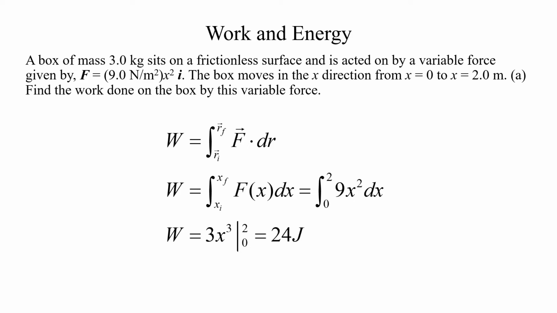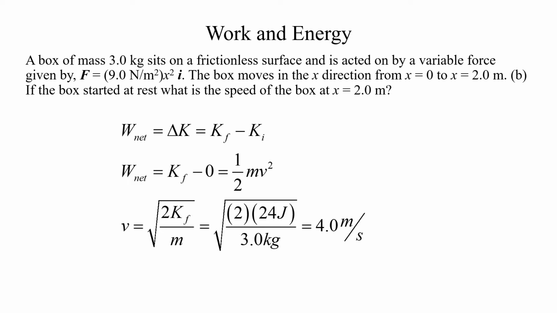The 9, of course, comes out of the integral. So the integral of x squared dx, of course, gives us x cubed over 3. So we have 9 times 1/3 x cubed. Well, a third of 9 is 3, so we get 3x cubed. But then we have to evaluate it between 0 and 2. And so the result then, we get 24 joules. So 2 cubed, of course, is 8, and 8 times 3 is 24. So that's where that comes from.